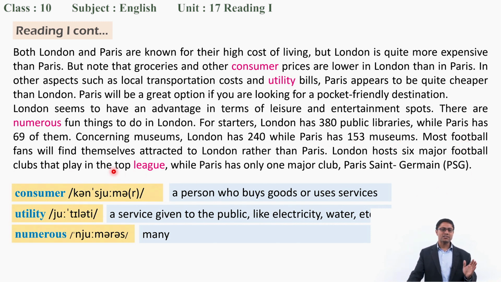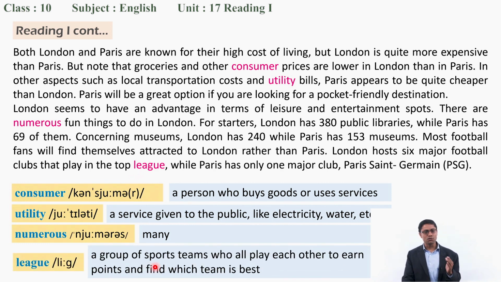Most football fans will find themselves attracted to London rather than Paris. For football lovers, London is a better place because London hosts 6 major football clubs that play in the top league. League means a group of sports teams who all play each other to earn points and find which team is the best. So league matches.